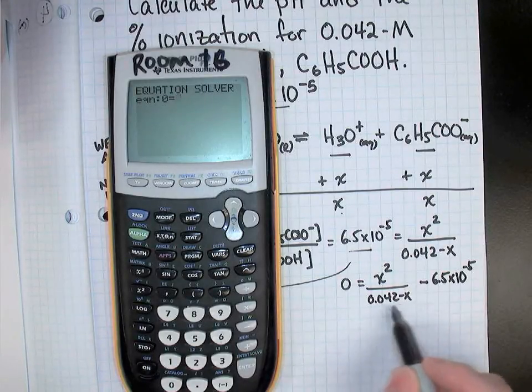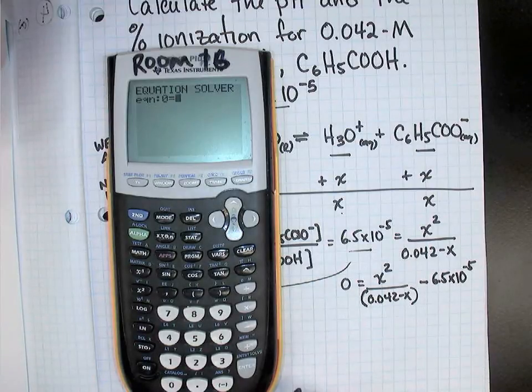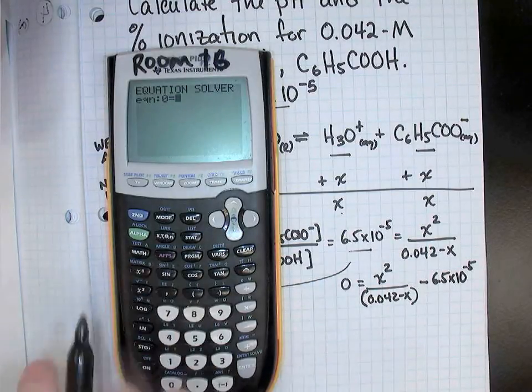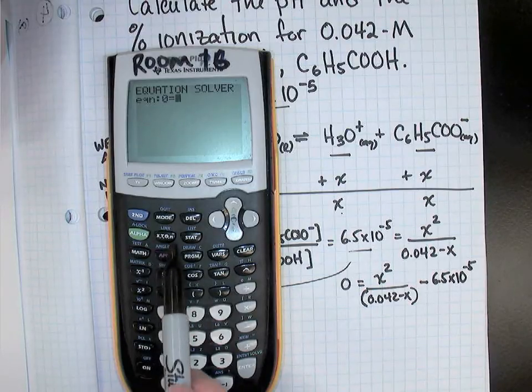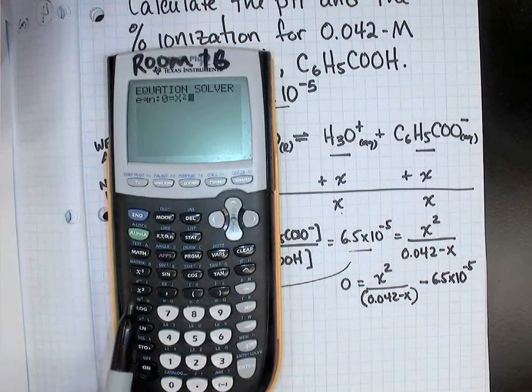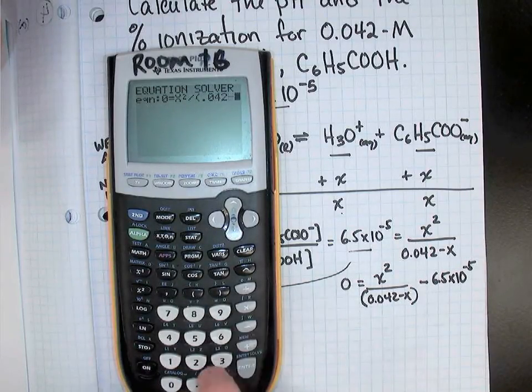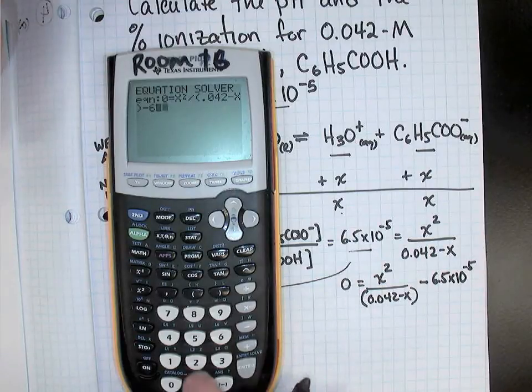Now there's a binomial, two terms in the denominator, so I'm going to put brackets around that, especially when I type it on the calculator. So here we go. The X button is right beside the alpha button. It says X, T, theta, N. So press that. X squared. I have a squared button right here. Divided by, open a bracket, 0.042, take away X, close your bracket, and then don't forget now to subtract the Ka value, 6.5.